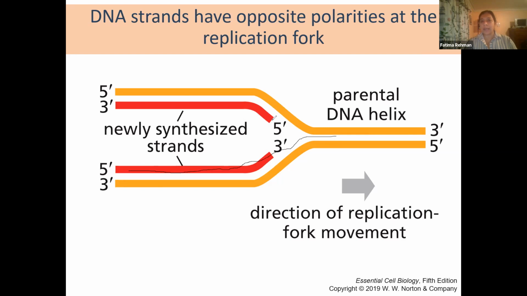On this side, it is making the strand in the opposite direction. So it's going to continue on this side, but when it continues to open up, it has to wait until it has opened enough so that it can go back and then start building again, 5' to 3', because that's the only direction that it can move. Okay?